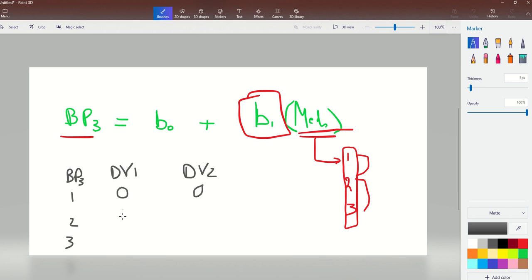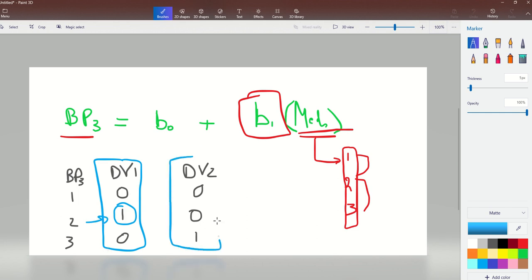Drug 2 is going to receive 1 on dummy variable 1 and 0 on dummy variable 2. And drug 3 is going to receive 0 here and 1 there. So what that means is that dummy variable 1 is representing drug 2, and dummy variable 2 is representing drug 3 because it gets a 1. Okay? And drug 1 is the reference for both.